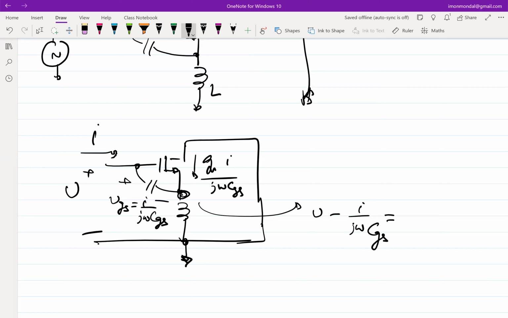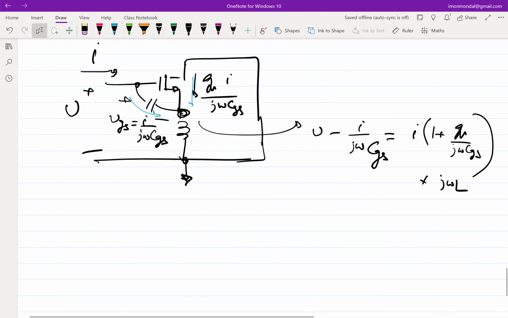So total current is I plus the other current, so I times 1 plus GM by j omega CGS, times j omega L, right? So if I break it, this becomes V is equal to I times, sorry, not 1 plus.